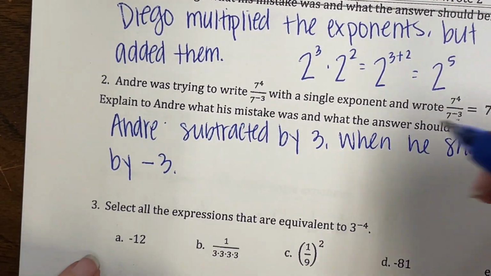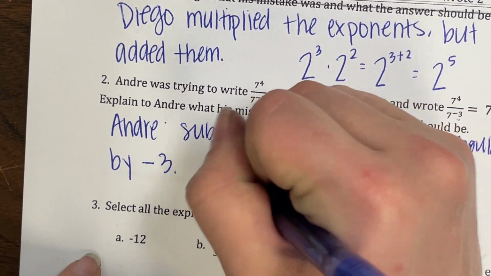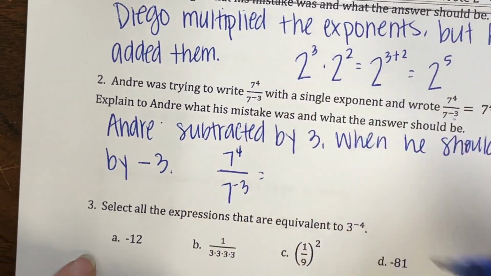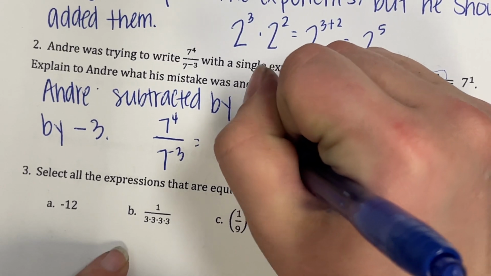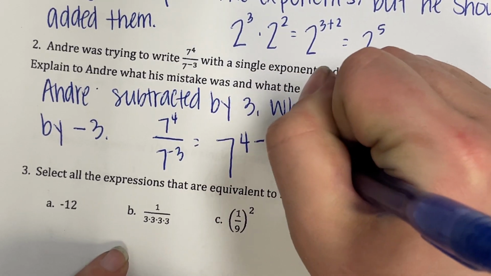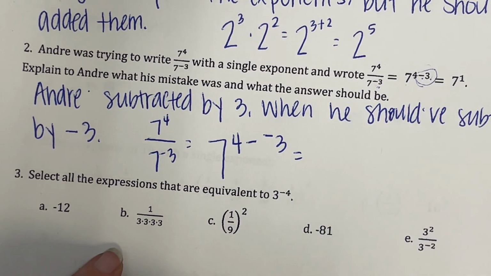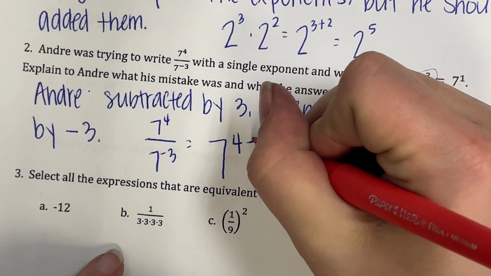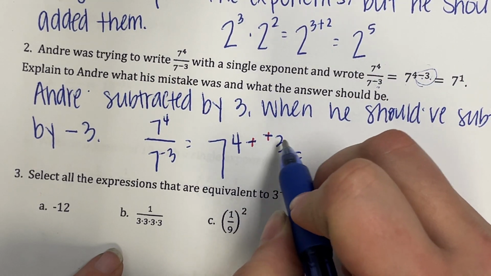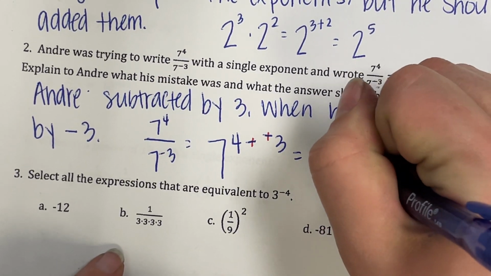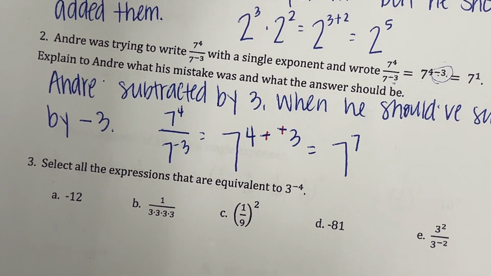So it should be 7 to the 4th over 7 to the negative 3rd. He should have done 7 to the 4 minus negative 3. Whenever you have minus negative, you can turn both of them into positive, so plus, so 4 plus 3, it would result in 7 to the 7th degree.